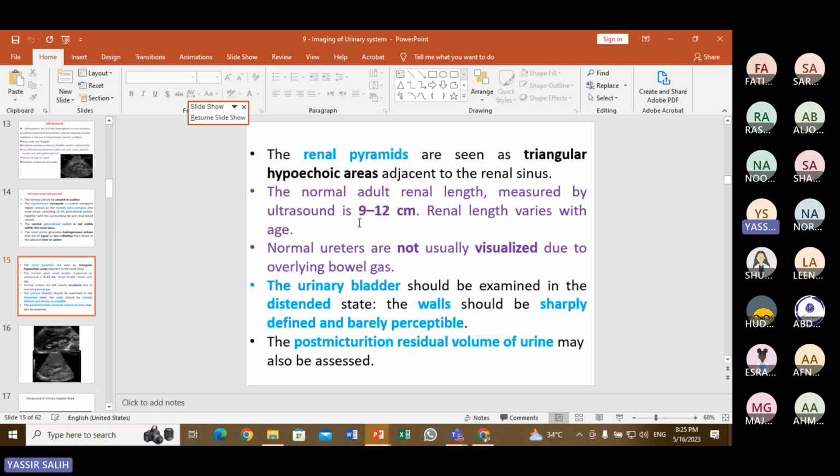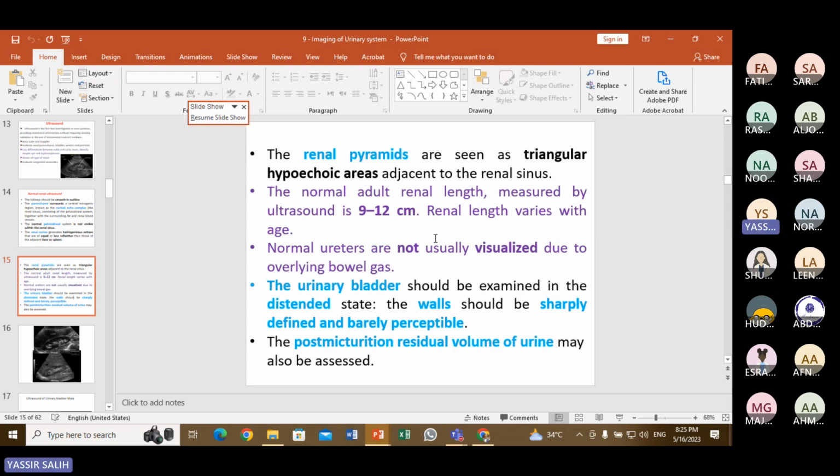Is this kidney small, large or normal? فإذا تعرف إنه the normal between 9 to 12. نقول هيك الفيجر 9 or 10 or 11 or 12 this is normal. Below 9 is small. More than 12 is enlarged.